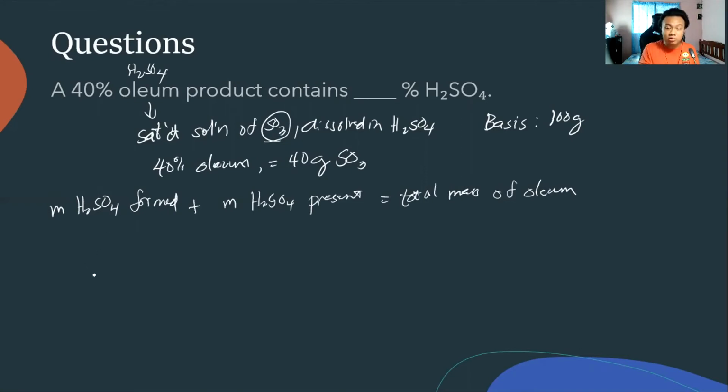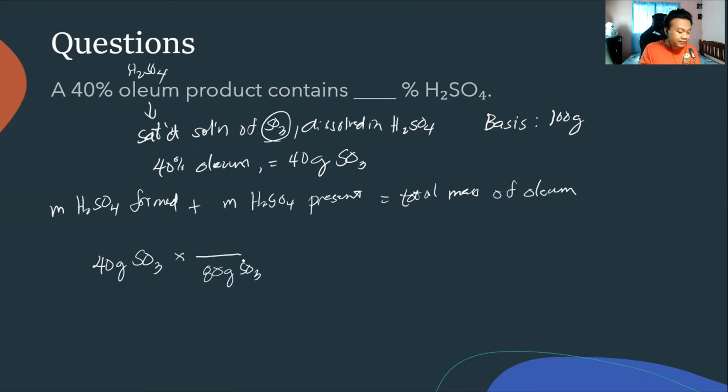So how do we go through that? So it's actually 40 grams of SO3, diba? And then we just have to transform that to H₂SO₄ by using the molar masses. So what is the molar mass of SO3, sulfur trioxide? So we have 80 grams.